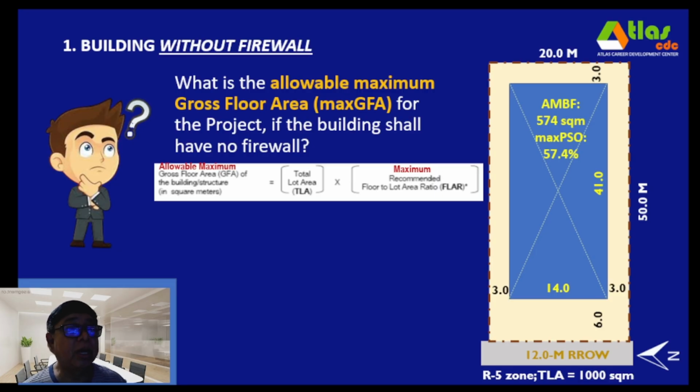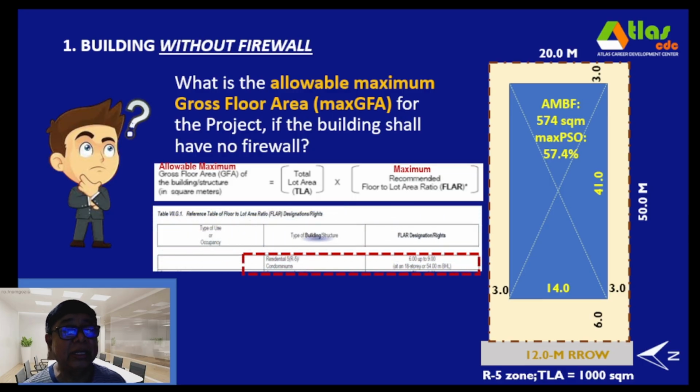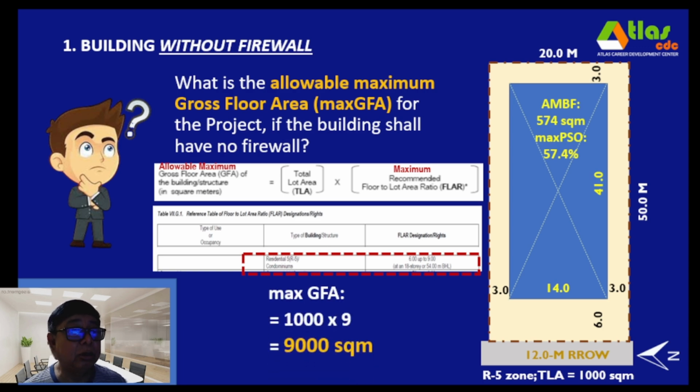So, ano natin dito, reference for the recommended floor to lot area ratio is table 7.G.1. At nalagay dito for residential R-5 is 9 is the maximum designated FLAR. So, we only have to multiply 9 by our total lot area of 1,000. Will give you now a maximum GFA value of 9,000 square meters.